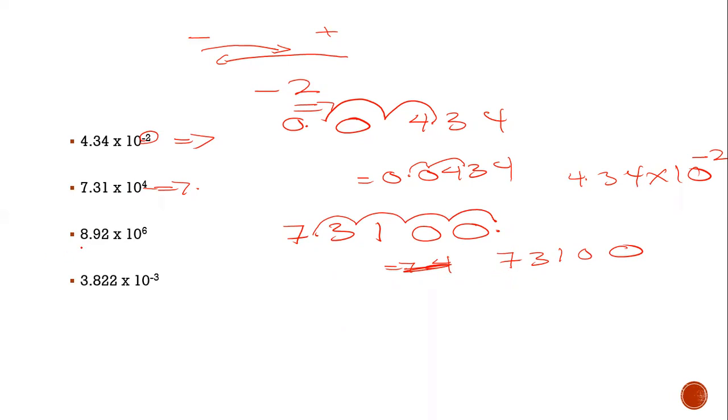All right, this one: 8.92 times 10 to the power 6. So we're going to move it 6 places to the right. Okay, we're going back to the right. So 1, 2, 3, 4, 5, 6. Just add zeros here.